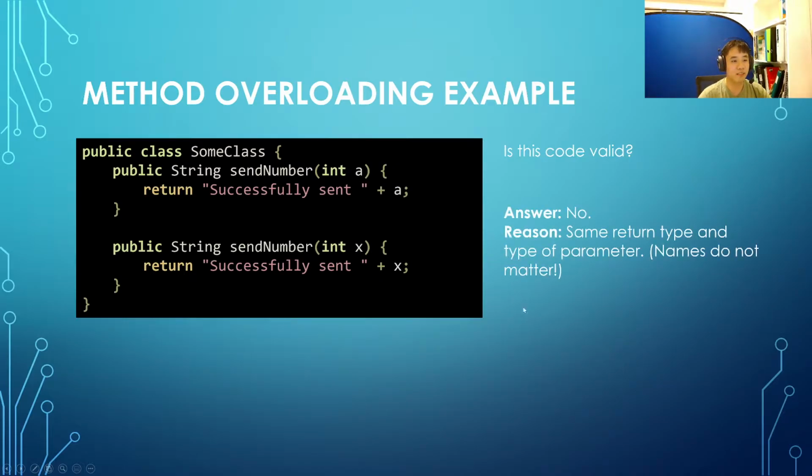But seriously, the names don't really matter. As long as both of them have the same parameter layouts, like only one integer for both, then that's not valid. And since they have the same return type and the same name, it's like making the same method twice, and that's not good.